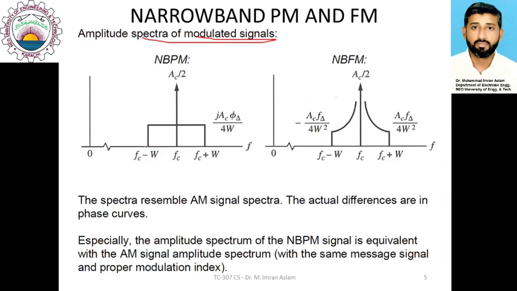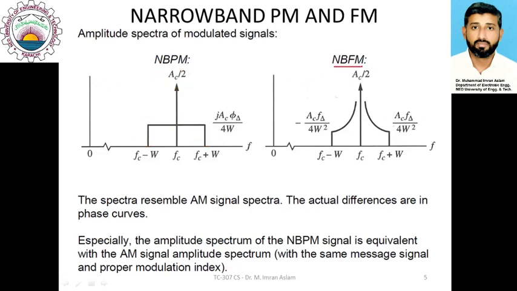If we have a spectrum, this one shows the spectrum of the message signal. For the case of narrowband PM, narrowband phase modulation, you would see that we have a carrier term, which is represented as a spike or an impulse in the frequency, and we have a spectrum which looks similar to the spectrum of the message signal, which is available here.